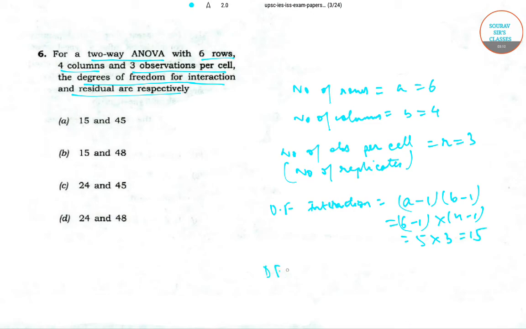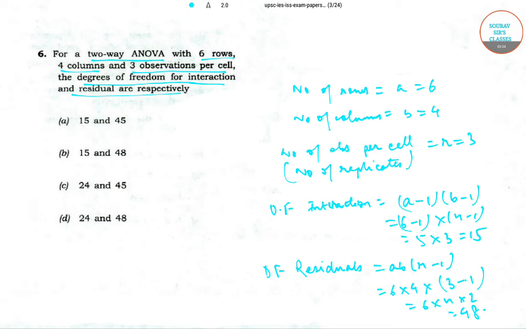And degrees of freedom for residuals comes out to be AB into (R minus 1). Thus 6 into 4 into (3 minus 1), 6 into 4 into 2, this comes out to be 48. Thus the correct option is option B, that is 15 and 48 respectively.